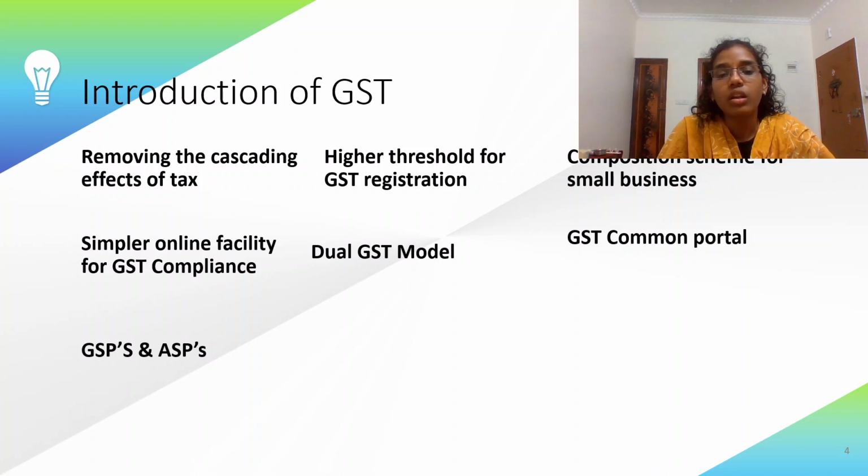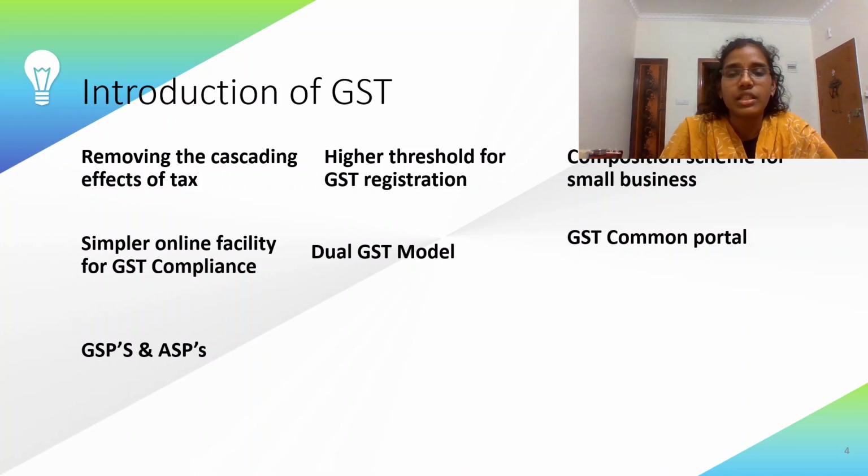Dual GST model: with the introduction of GST, we have two aspects where it is taxed differently under the intrastate transaction and the interstate transaction. Intrastate transactions represent the transactions that are carried out within the state. So when the point of sale and the place of delivery are within a particular state, at that time the state government and the central government join together and charge the GST.